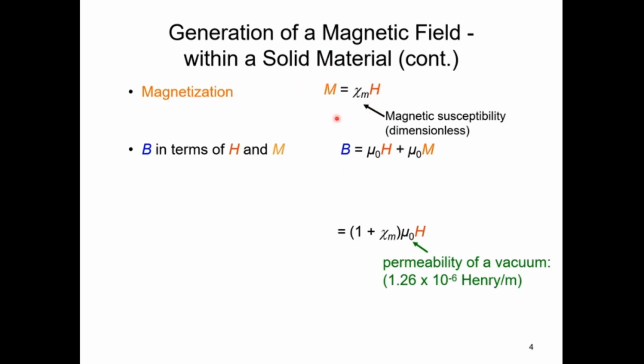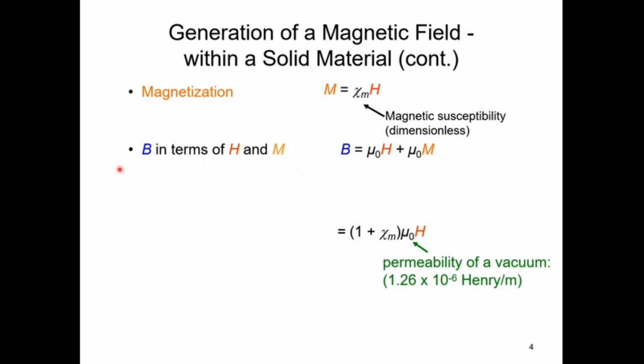M, magnetization, is equal to magnetic susceptibility, which has no unit, multiplied with H, which is the magnetic field strength. Let's say we have both a combination of magnetization and H, the magnetic field strength. Okay, H and M present.